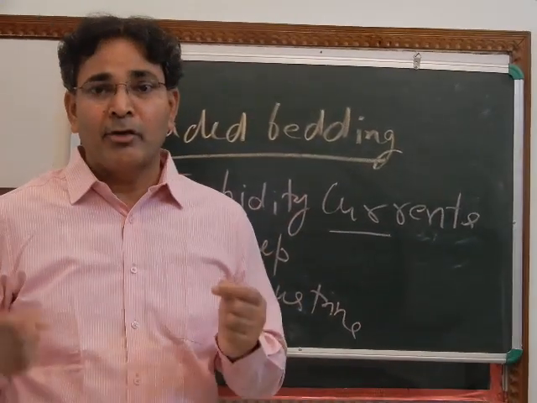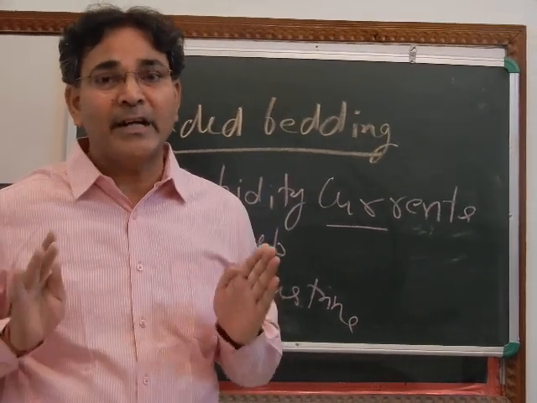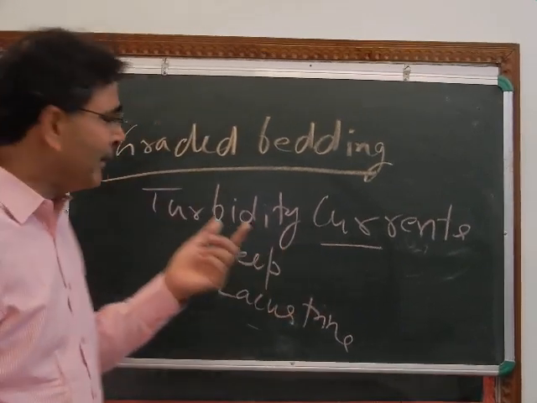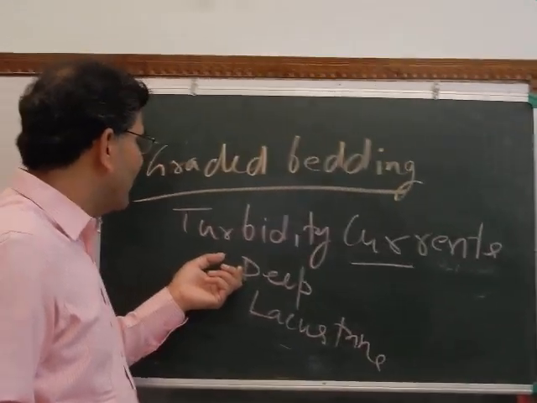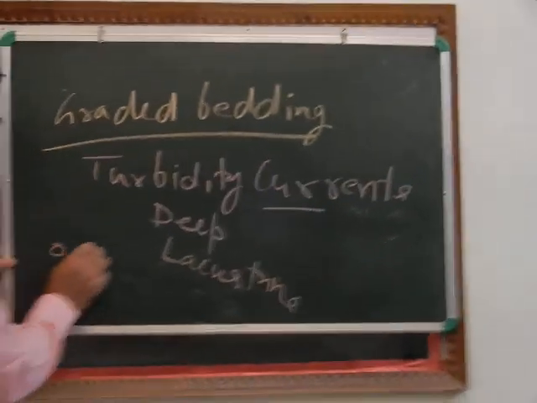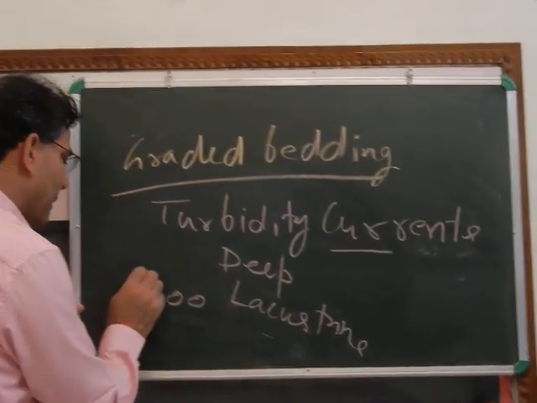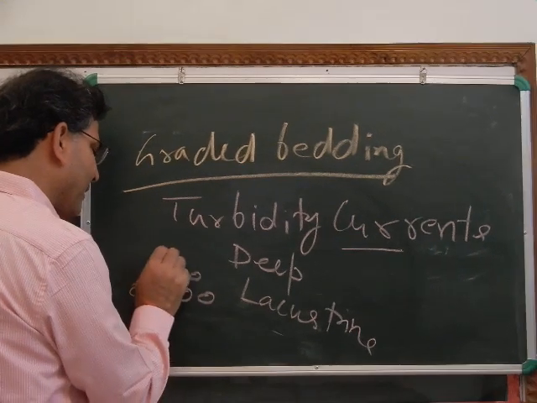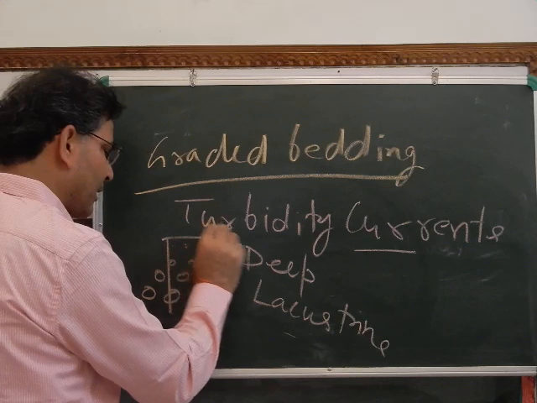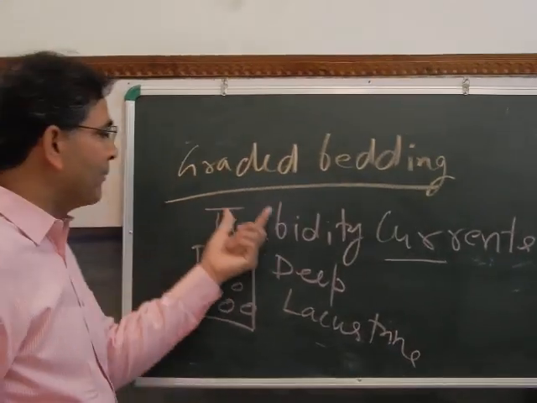Turbidity current is also known as density current, sediment laden current, turbid current. There is enough sediment in that particular current. They form the graded bedding, means the coarser sediment forms at the base, successively finer at the top. The finest sediment at the top and the coarser sediment at the bottom is known as graded bedding.